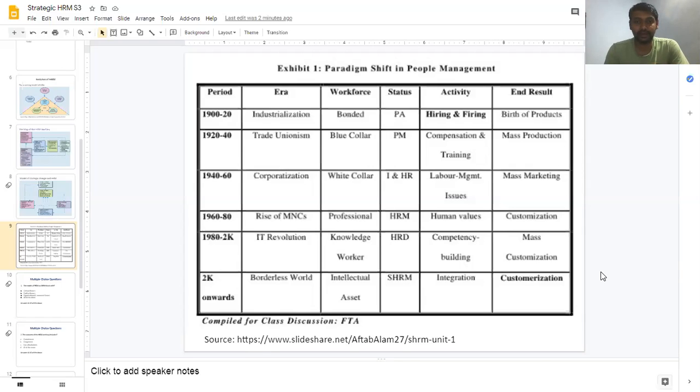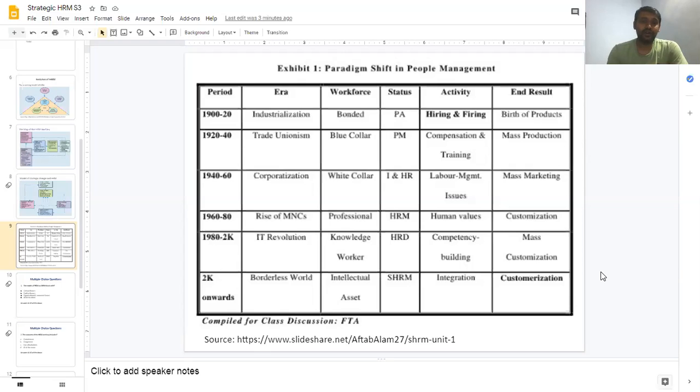The human resource concept came up. The activity was purely based on labor management issues. If there were issues in the factories or offices, we had to manage them, and importance was given to labor management problems. The end result was mass marketing. So this is the era of corporatization during the 1940s to 60s.